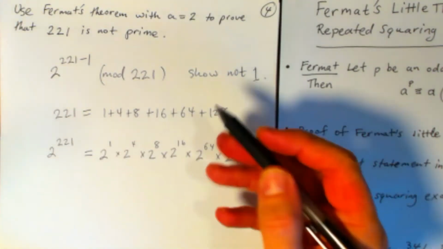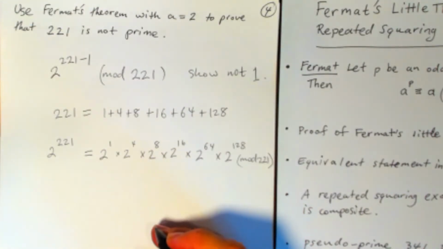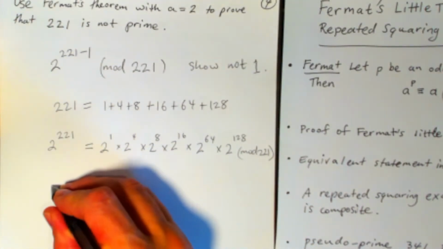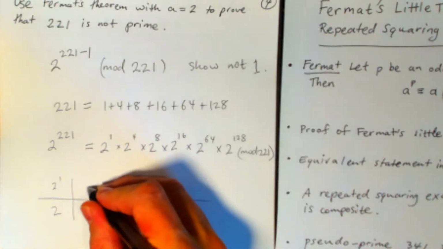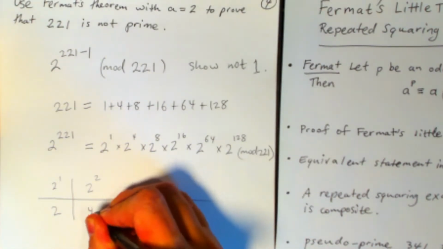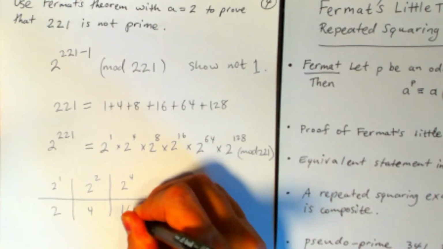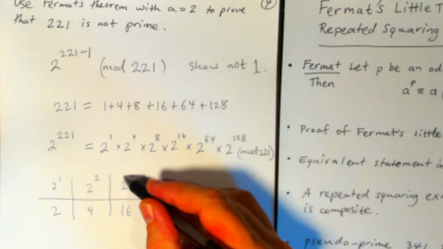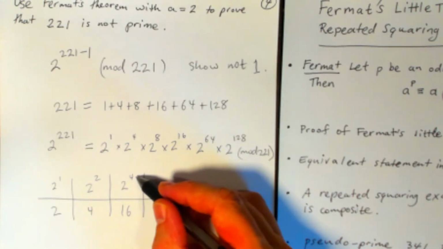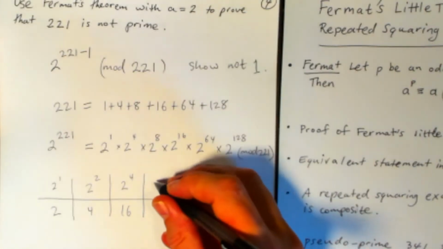Okay, so we start to calculate this. We want to make a table of these powers, right? So 2 to the power of 1 is 2. 2 to the power of 2 is 4. 2 to the power of 4 is 16. Next, we want to square this because 2 to the power of 4 to the power of 2 is 2 to the power of 8.